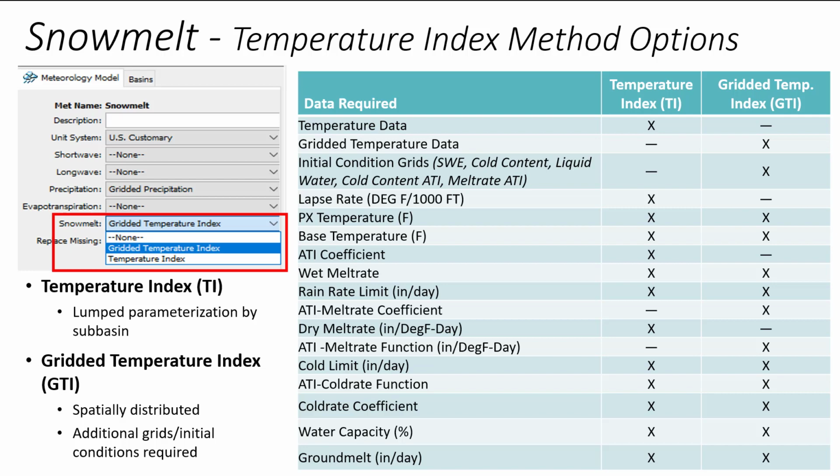Both methods share many of the same data requirements, with the key differences being the gridded temperature index method requires gridded temperature data versus point source temperature gauge data. The gridded method requires additional initial condition grids for key parameters such as snow water equivalent, cold content, and more. The temperature index method can apply a lapse rate, which is useful for subbasins with significant elevation variation.